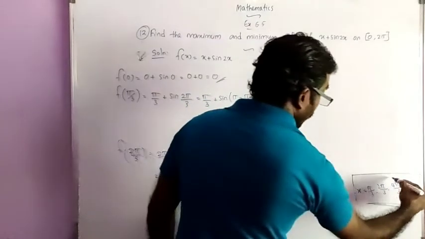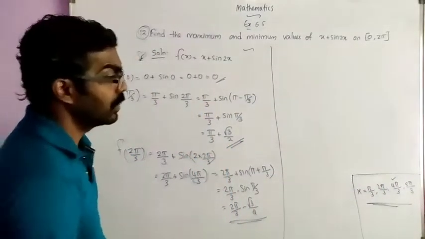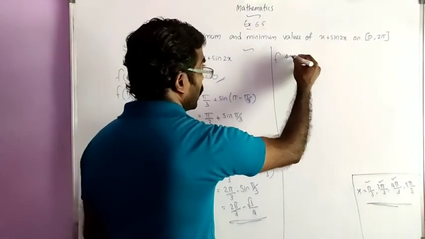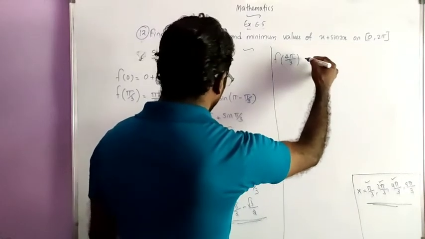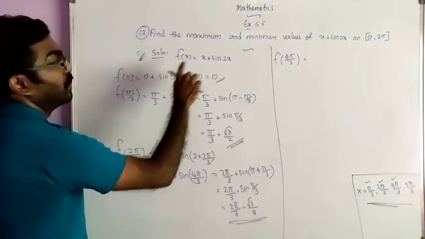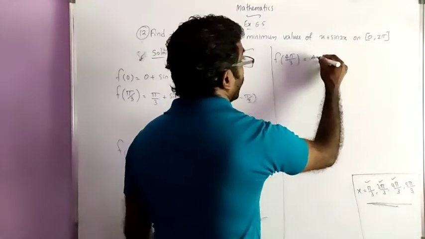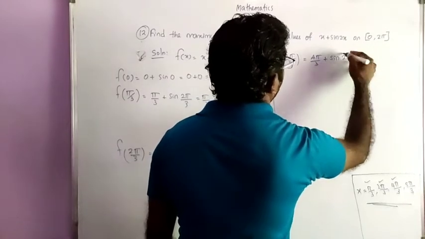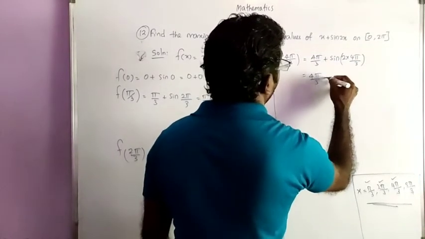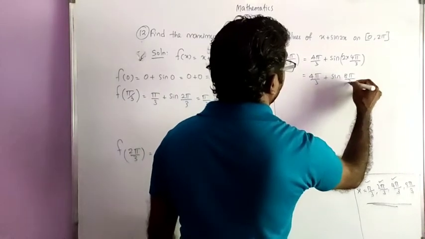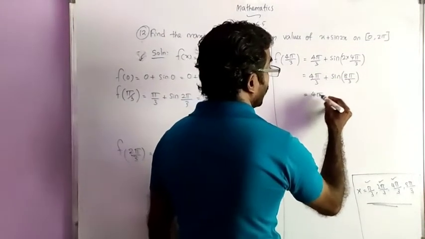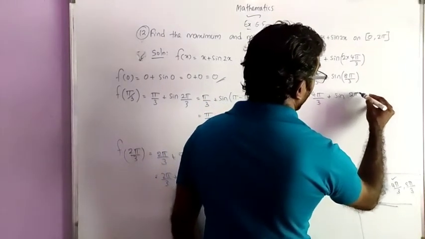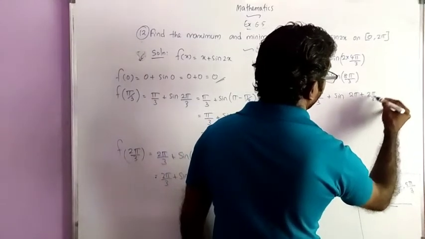Now you can choose the next value 4 pi by 3. Pi by 3 and 2 pi by 3 we found out. Next f of 4 pi by 3 is equal to x plus sine 2x, that is 4 pi by 3 plus sine 2 into 4 pi by 3, which is equal to 4 pi by 3 plus sine 8 pi by 3. Sine 8 pi by 3 can be written as sine 2 pi plus 2 pi by 3.